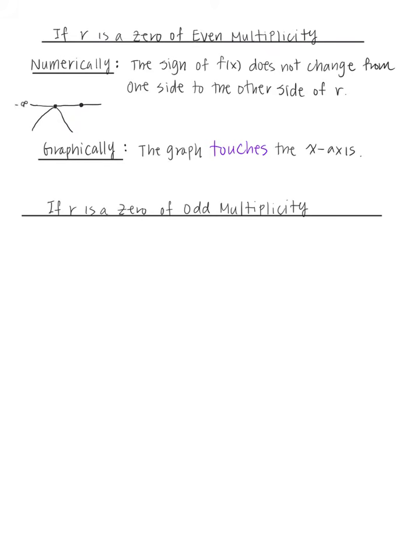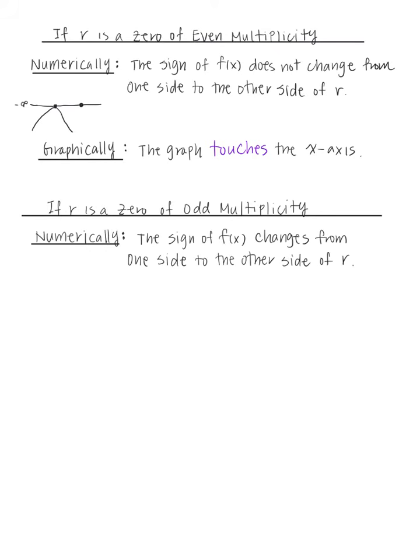Now let's talk about if r is a zero of odd multiplicity. We're going to do the same thing. Let's analyze numerically and graphically. Numerically, the sign of f of x changes from one side of r to the other side, which means that suppose this part of the graph is negative. Our f of x is negative, right? That means it dips below the x-axis.